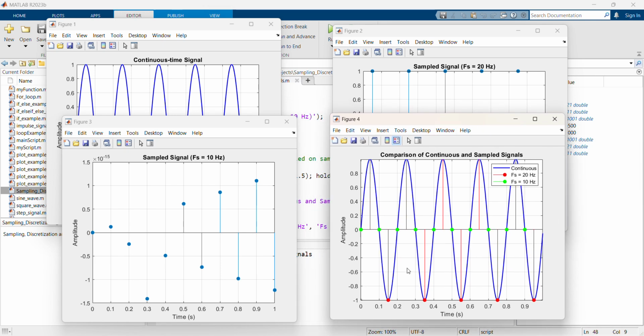This clearly shows that a higher sampling rate provides a more precise representation of the original signal.